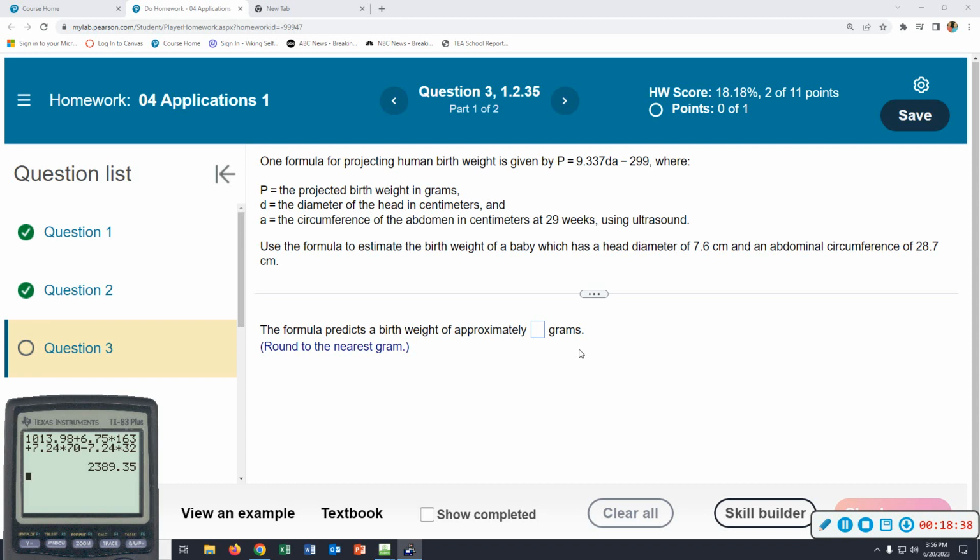One formula for projecting human birth weight is given by P, probably for projected weight, equals 9.337dA, that means D times A, minus 299, where P is the projected birth weight in grams.